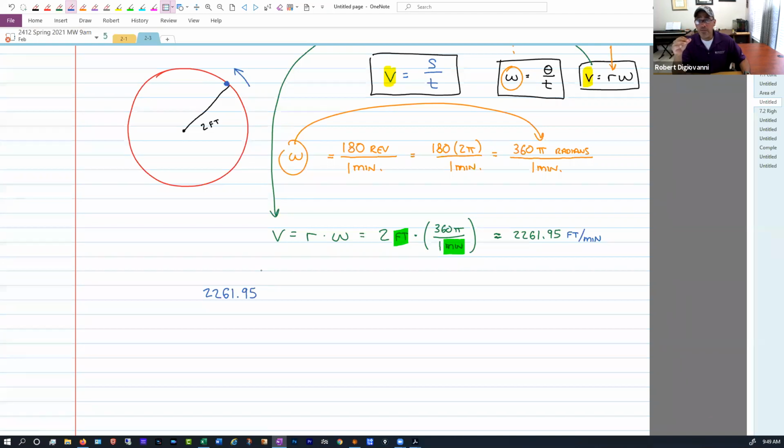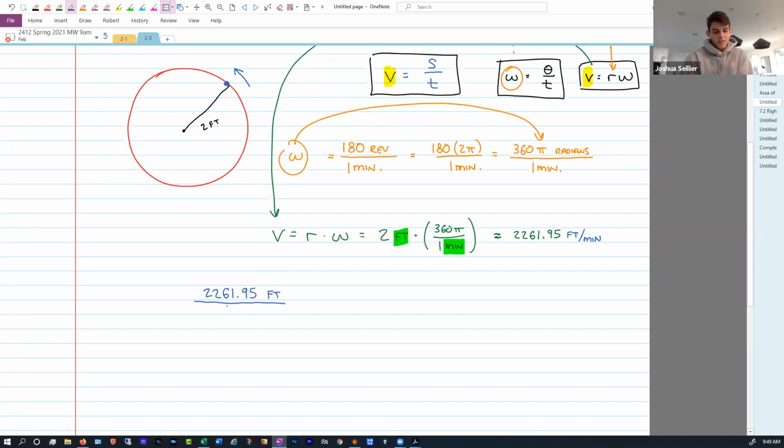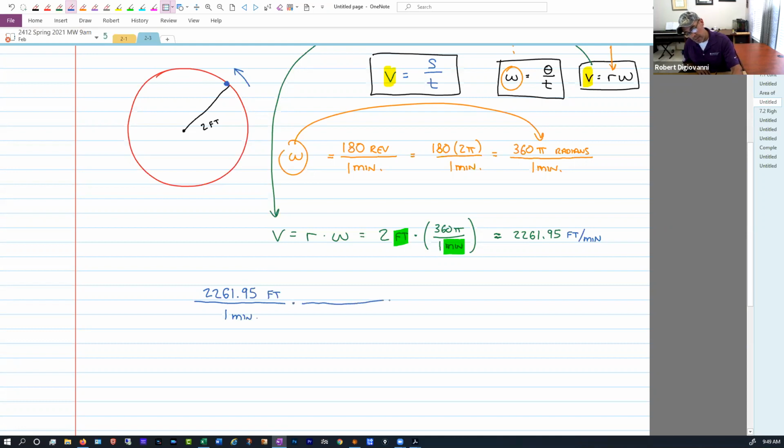Miles per hour, though, is pretty easy for us to understand. So let's convert this. This is feet per 1 minute, and this is an exercise in conversions. If I want to convert feet per minute into miles per hour, the first thing I have to do is get rid of the feet. So I need to know how many feet there are in a mile. So I put feet down here and mile up here. Does anyone know how many feet there are in a mile?